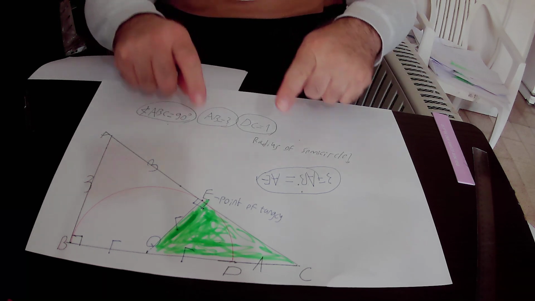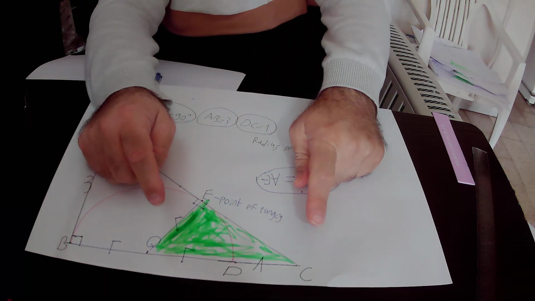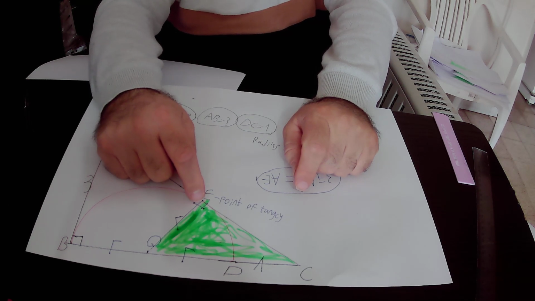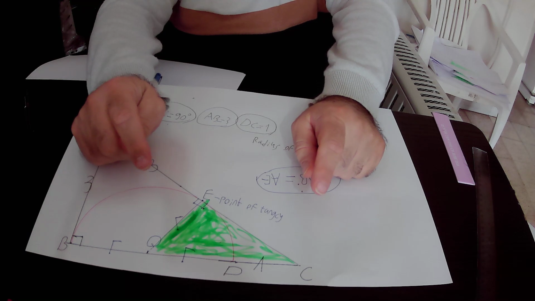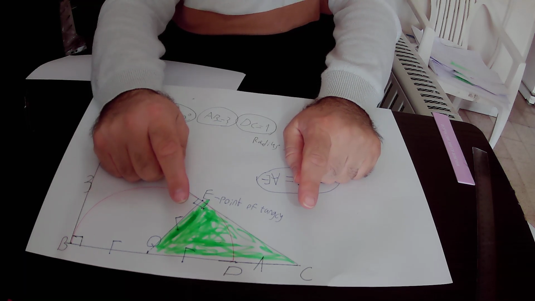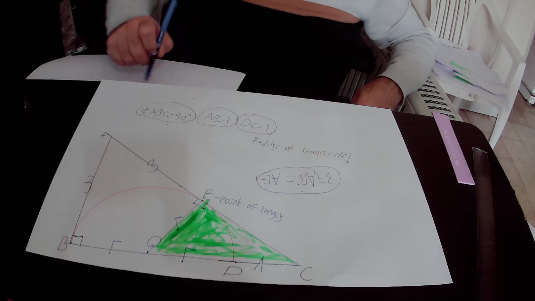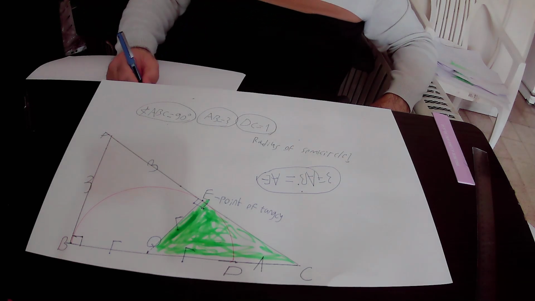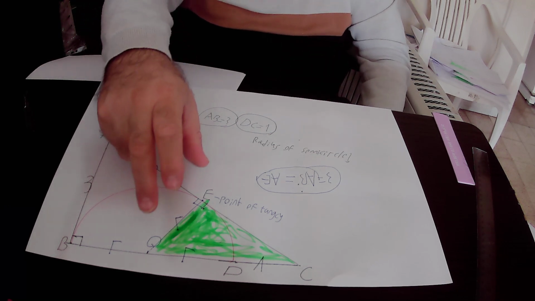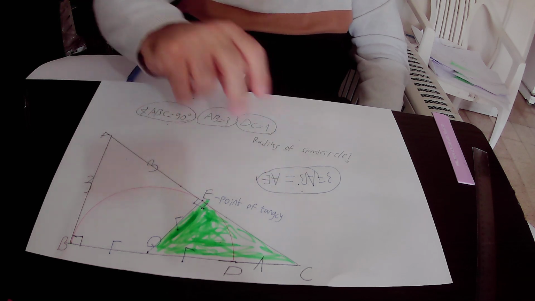The hypotenuse is side OC of the green triangle because it's located in front of the right angle. So the hypotenuse is OC, so the square of the hypotenuse is OC square. And it equals the sum of the squares of the perpendiculars, that is to say it equals OE square plus EC square.